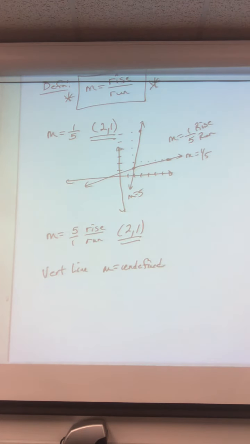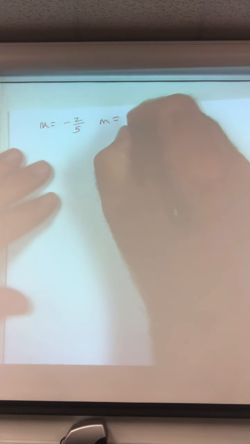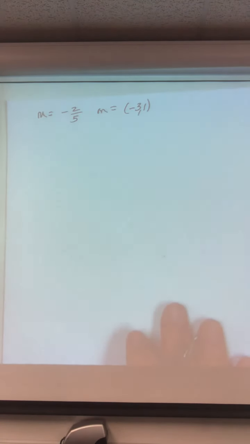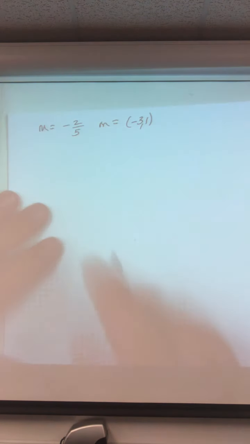Now, let's look at one more example. Let's suppose that I had a slope of, say, -2/5, and let's suppose my starting point was at (-3, 1). Let's just see what that would look like.